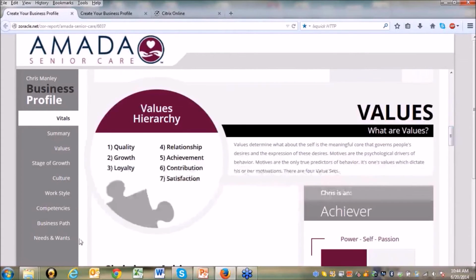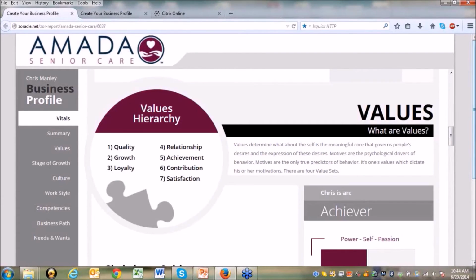This is the hierarchy of values. It literally lays it out for you. The most important value for this particular prospect is quality. We can look at a gazillion franchise systems, and we can pick out a handful, and we can say this is the best of the best within that particular vertical or market.